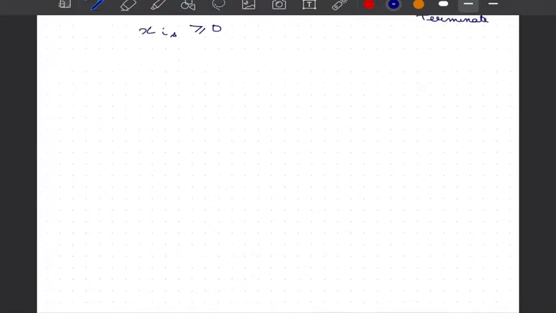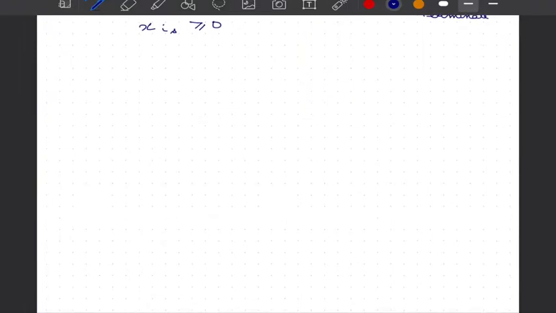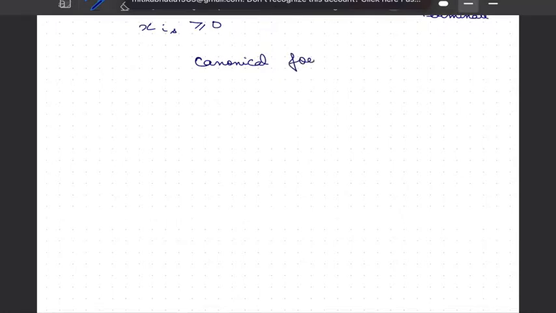So the basic steps that we will try to learn slowly in this fundamental method are that we will have a canonical form. Using that canonical form, we can easily calculate the solution.